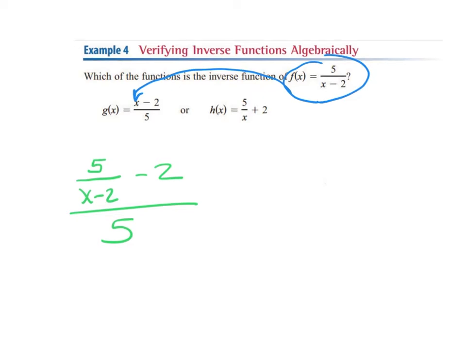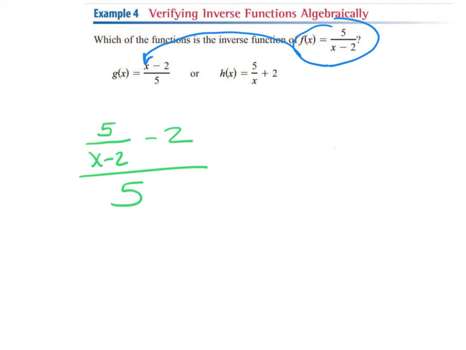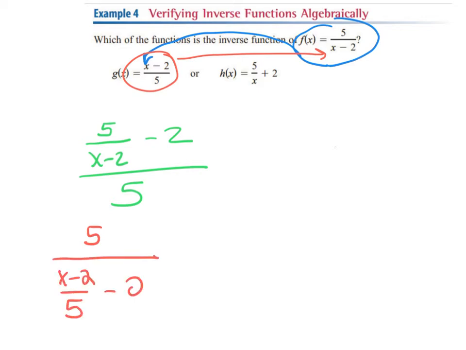If I went the other way and took this function and put it in here, I would have 5 over x minus 2 over 5 minus 2. In either case, can I do any simplification like we did before? Can I just easily cross out 5s and they undo each other? No. So these are not inverses of each other.